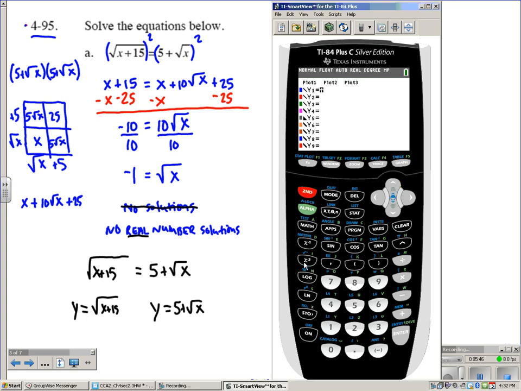So we're going to do second, x squared, so we got our radical there. We've got x plus 15. So y equals the square root of x plus 15. And then we have y equals 5 plus the square root of x.